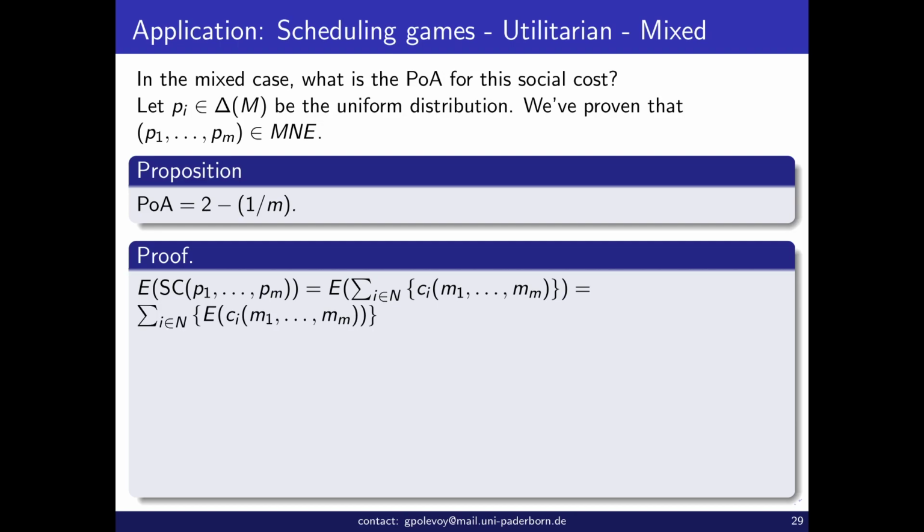From linearity, it's the sum of the expectations. I'm talking about this concrete mixed Nash equilibrium, when everyone plays the uniform distribution.